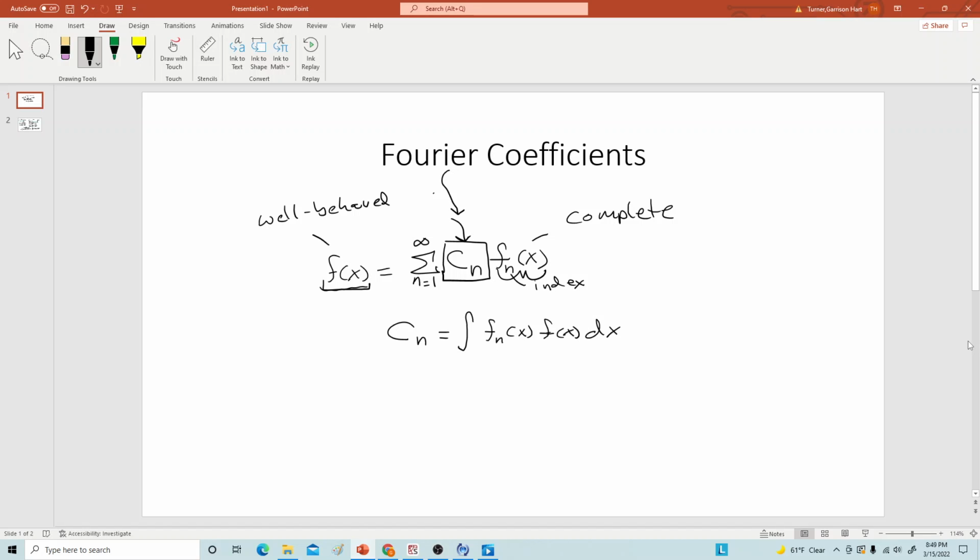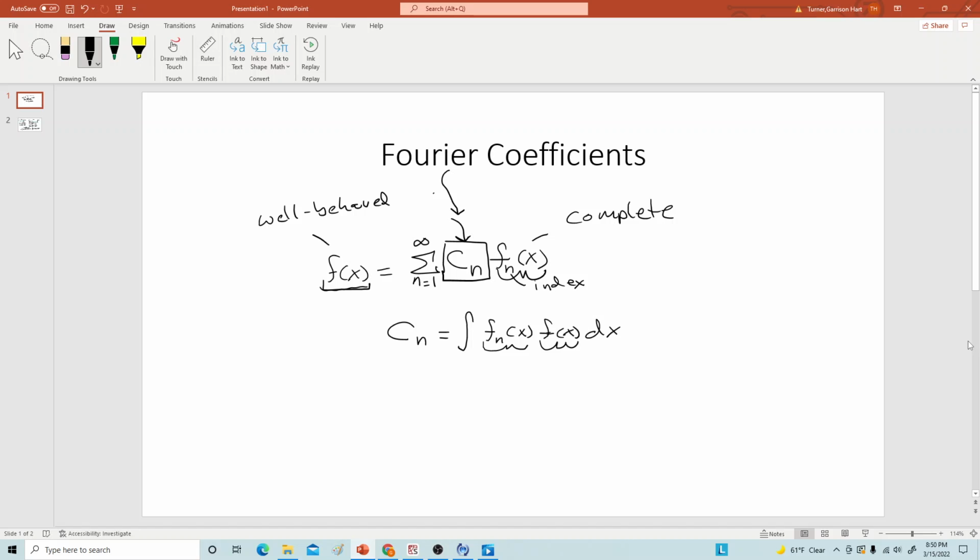But to calculate these Fourier coefficients, what it turns out is that the Fourier coefficient is just equal to the integral of each individual function in your complete set multiplied by your well-behaved function, and your integration is going to be over the interval over which you are considering your well-behaved function. Okay. I know that that's kind of very vague, but I will mention this about this integral.